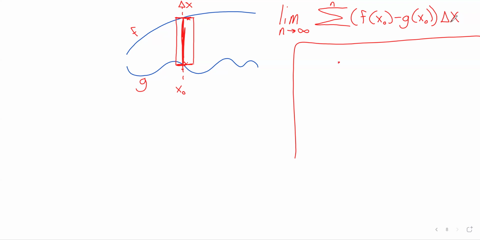This is now the integral from A to B of f of x minus g of x dx. And we can do, and we will do, examples, and we'll look at complications that can arise.